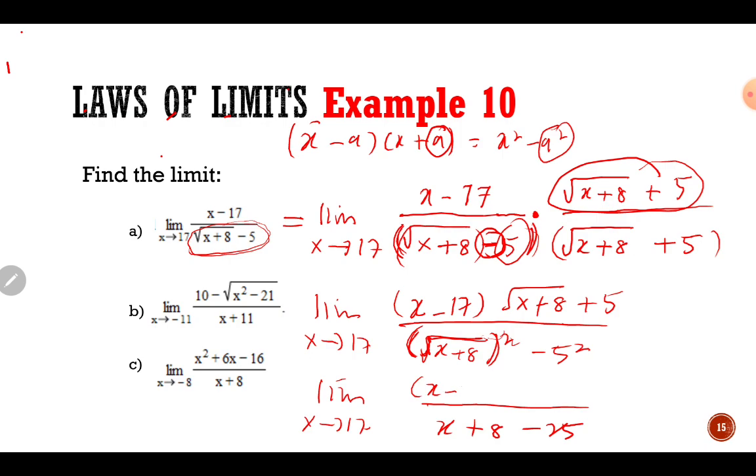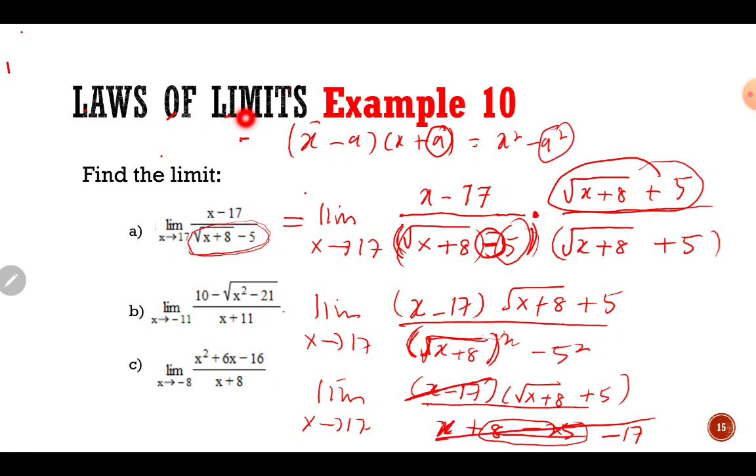And then, this one macam biasa, macam tadi juga. X minus 17 square root x tambah 8 tambah 5. So, 8 tolak 25 berapa? 8 tolak 25 is minus 17. Nampak tak sesuatu kat sini? Apa dia sesuatu tu? X minus 17 kat atas ni boleh dicancelkan dengan X tolak 17 kat bawah ni.